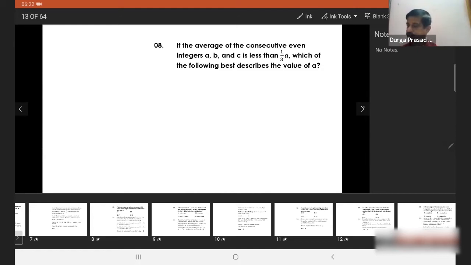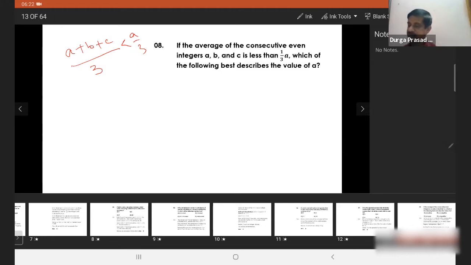So the average of a, b, c means (a plus b plus c) by 3. This is less than a by 3, he says.